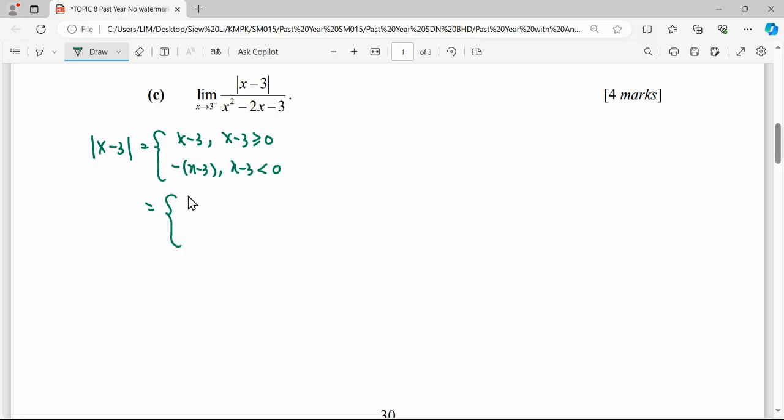So for x more than 3 we use x minus 3, and for x less than 3 we use negative of x minus 3.